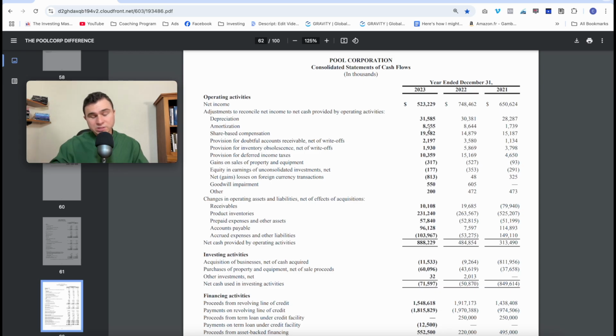D&A is pure accounting. These are not cash events. The cash has not moved in the company, did not go anywhere. So you have to add it back to the net income.